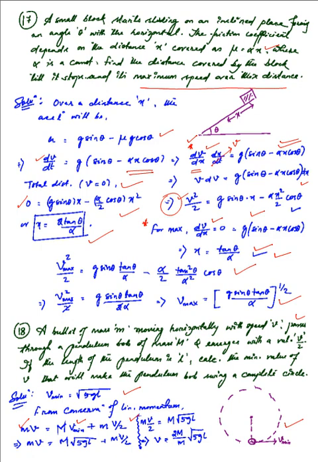Taking that into account, we obtain the velocity of the bullet that must be the case so that this bob of the pendulum moves an entire circular path. So that's the 18th one.